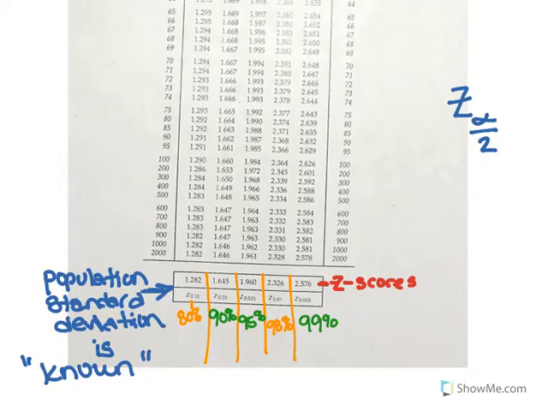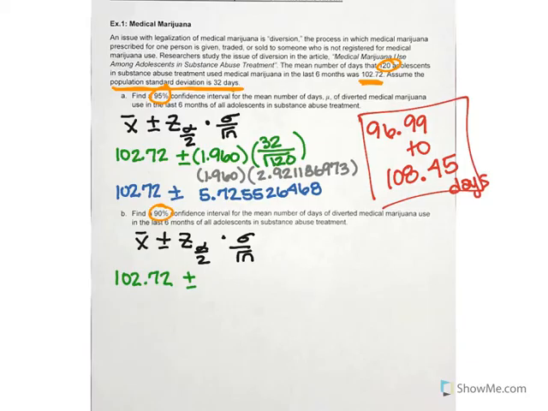So 90% is 1.645 according to our chart. The population standard deviation is still 32, and our number of adolescents is still 120.